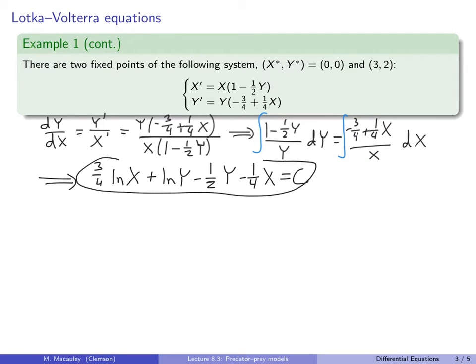Now you can't actually solve for x or y here explicitly, but you can plug it into your favorite computer package or graphing calculator, and you can check that this is indeed the equation of an ellipse that's centered at 2, 3, and it's short and wide like this. Here this is x and this is y.